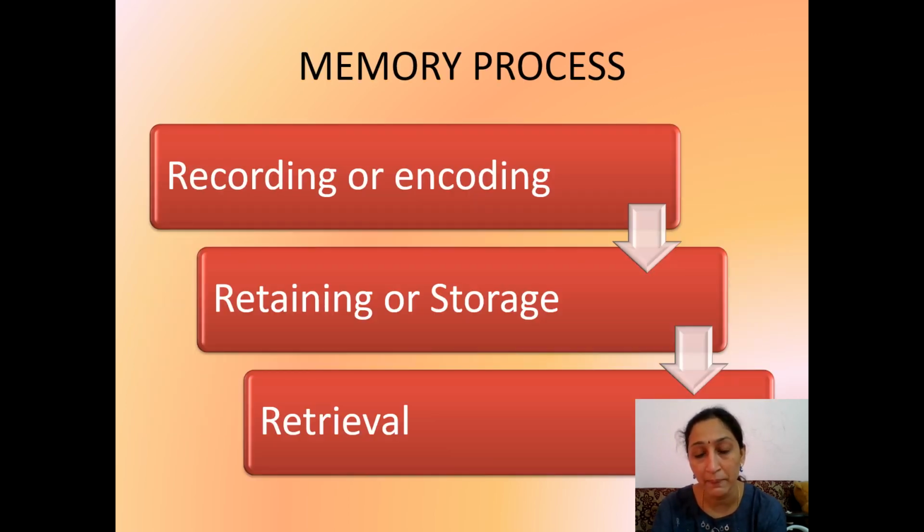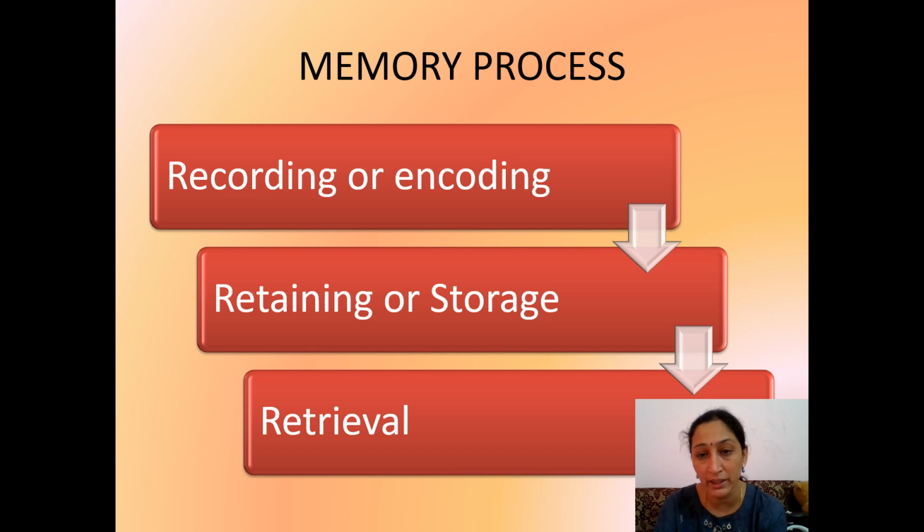So memory in simple steps, we can have three steps: recording or encoding, retaining or storage, and retrieval. So as I told, recording, you have to register the information into the brain. It will happen through all the sense organs. You get the information and you allow the brain to absorb it. That is called encoding the information. Then retaining.